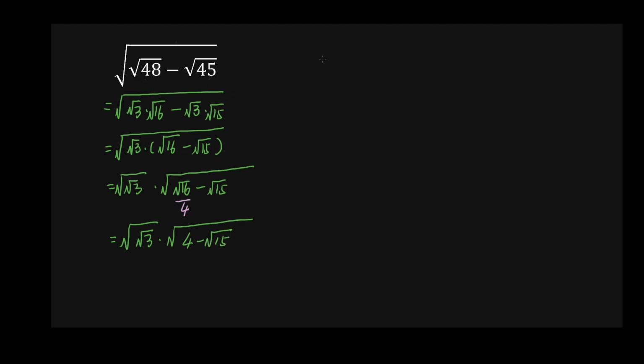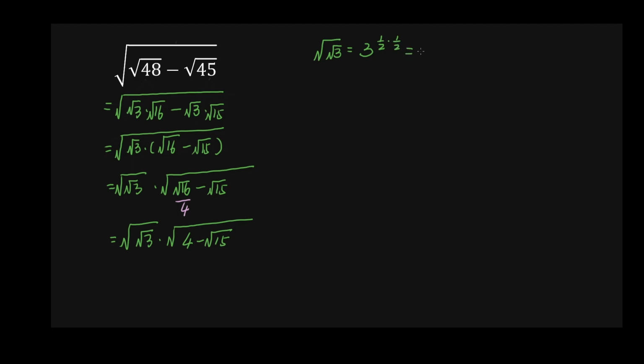This part, the square root of square root 3, is equal to 3 to the power of 1 over 2, and then the square root of that means the power 1 over 2 again.